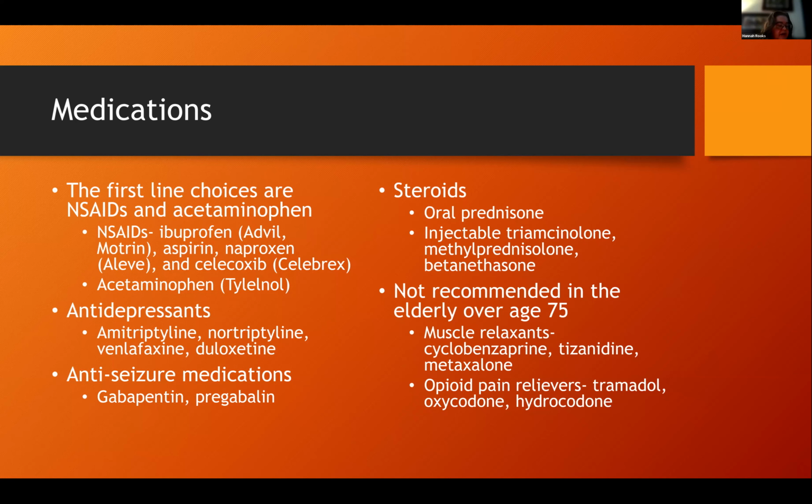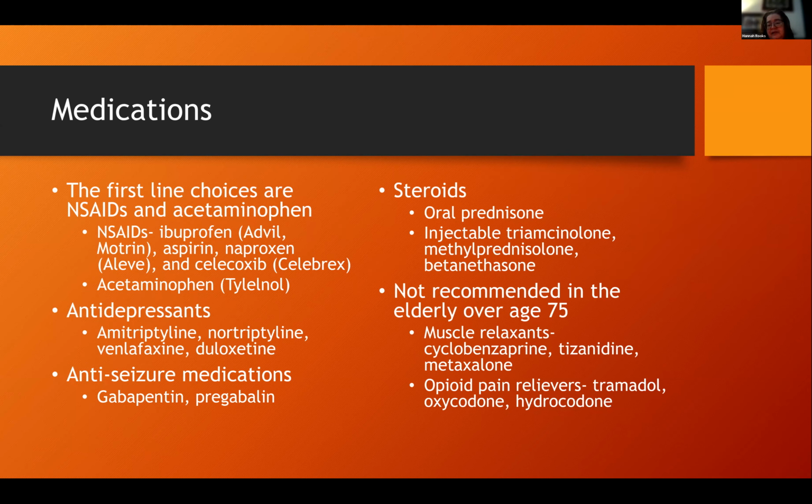That would be tramadol, otherwise known as Ultram, tramadol with acetaminophen, Ultracet, oxycodone, brand names OxyContin and Roxicodone, oxycodone with acetaminophen, which is Percocet and Endocet, hydrocodone, and hydrocodone with acetaminophen, which is Vicodin, Norco, or Lortab.